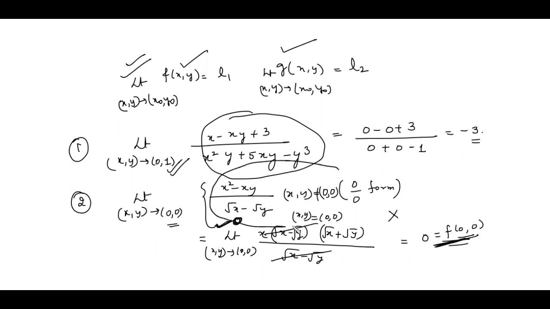Now this function is a continuous function. So this function is continuous at (0,0) and all other points, right? But if you do not consider this condition, then only the limit exists at (0,0). However, your function is not continuous at (0,0).